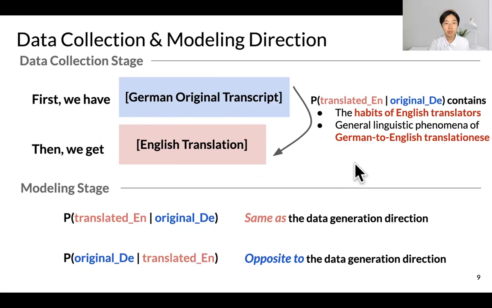And then in the modeling stage, there can be two modeling directions. One is from the original variable to learn the second variable. And the other is from the second, the generated variable, to recover the original one. So the first task will be the same as the data generation direction, and the second task will be opposite to the data generation direction.